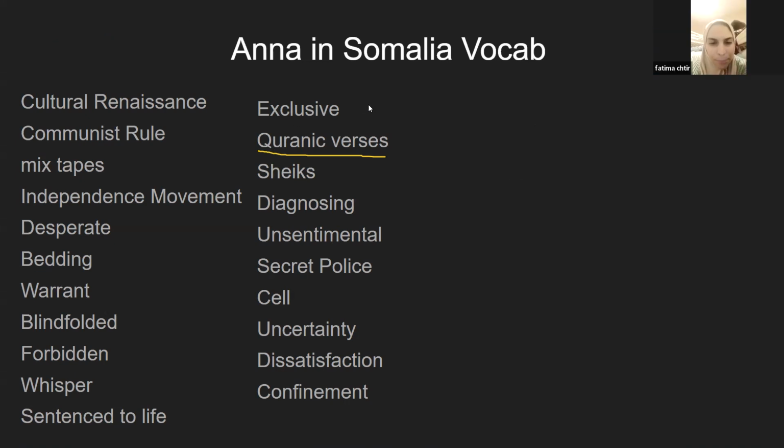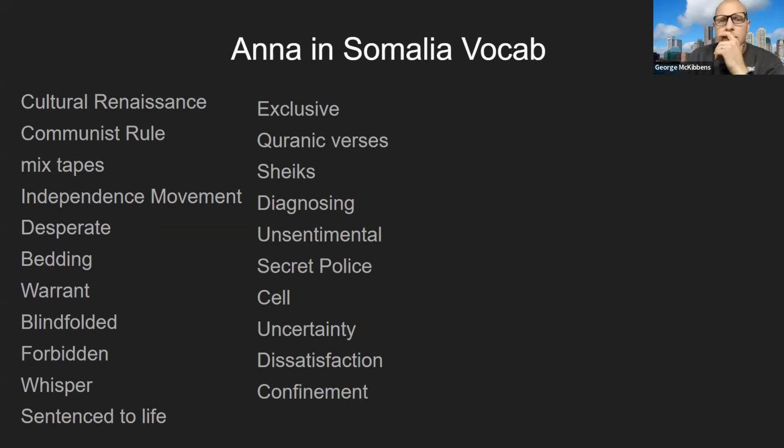It's like the Quranic verses based on the variation of the word. I don't know the definition in English. You have it in your book, right? Like a sentence or something like that. Expression? Lines of text. Okay. Lines of text. Exactly.